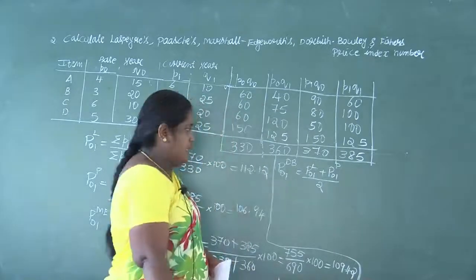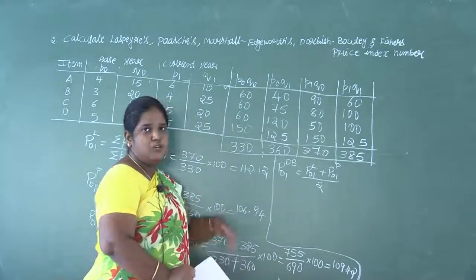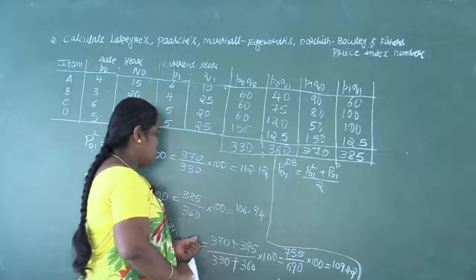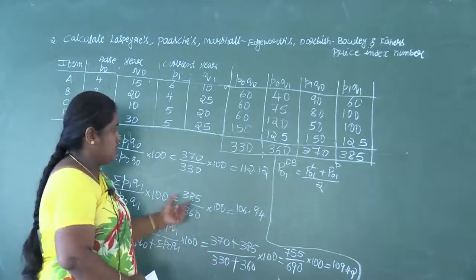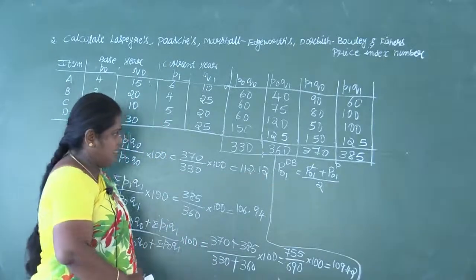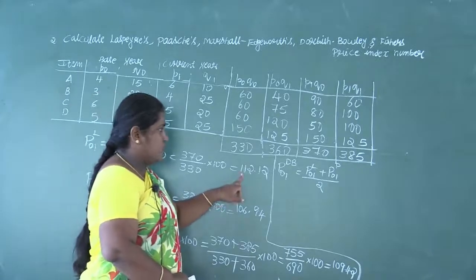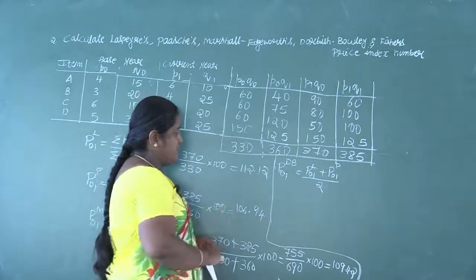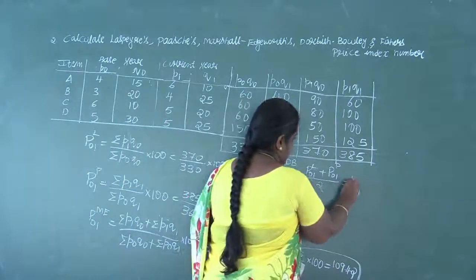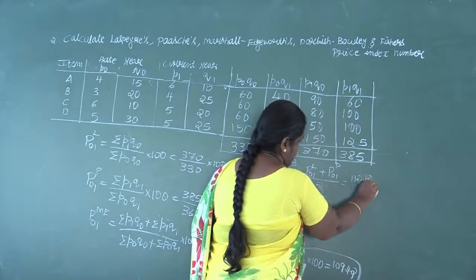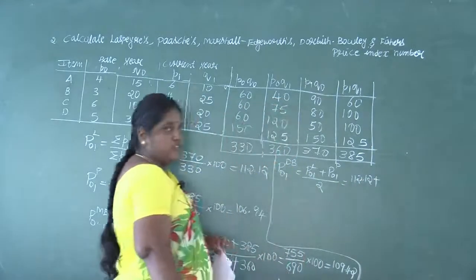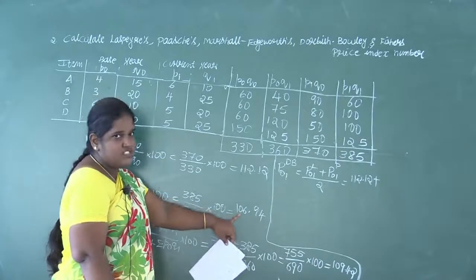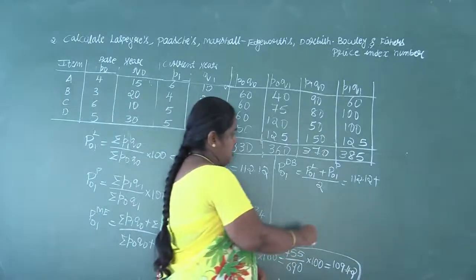If we have not calculated the Laspeyres and Paasche's, we have to use the other method given in the formula. So now since we have calculated Laspeyres and Paasche's, we are going to use this. What is Laspeyres' value? 112.12. So 112.12 plus the Paasche's price index number value, which is 106.94.